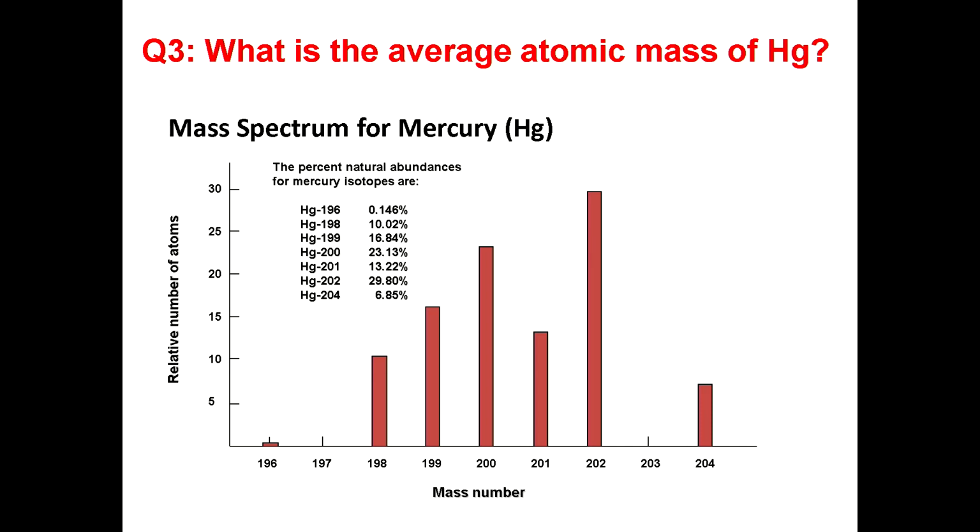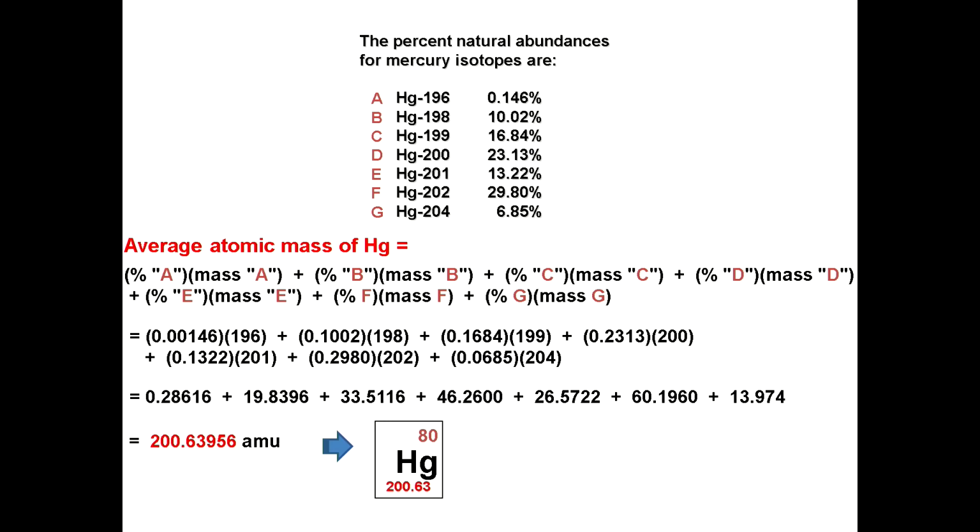So this is atomic mass. This is abundance. So how do we calculate the average atomic mass? It should be similar, right? Yes, mass times the percentage, like this.